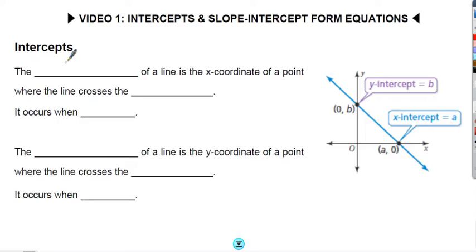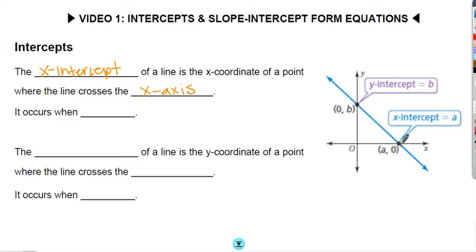Now there are two types of intercepts, and the first one is called the x-intercept. So let's write in the first one. It says, the x-intercept of a line is the x-coordinate of a point where the line crosses the x-axis. So if you look at the graph, the blue line is crossing the x-axis at this point, and that point is the x-intercept.